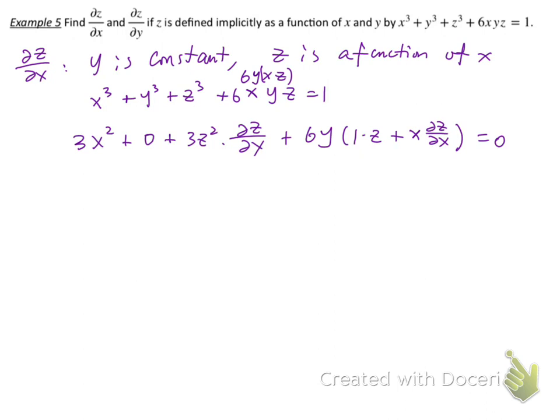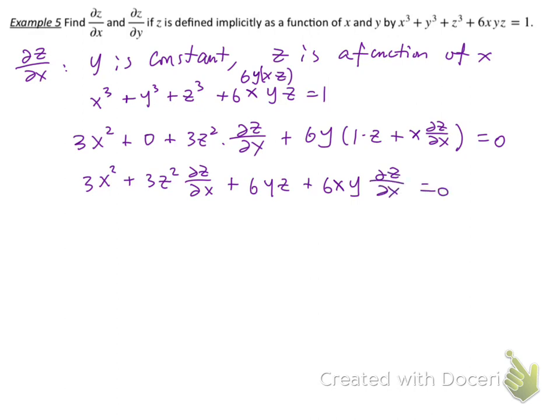Okay, now let's write it a little bit better, expanding in the sense of a non-partial z partial x term, and a partial z partial x term. So 3x squared plus 3z squared partial z partial x plus 6yz plus 6xy partial z partial x equals 0.